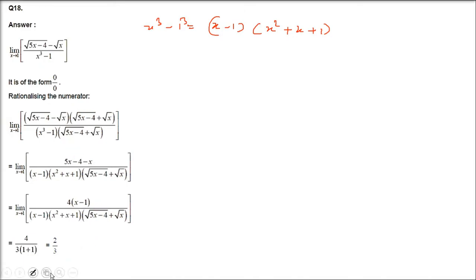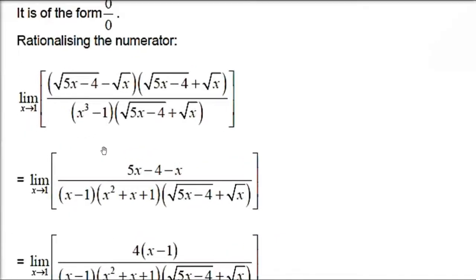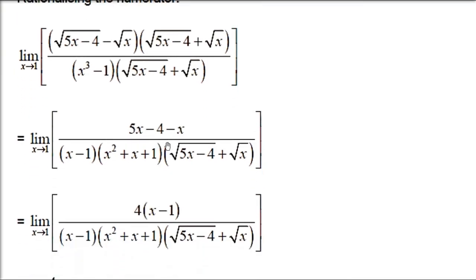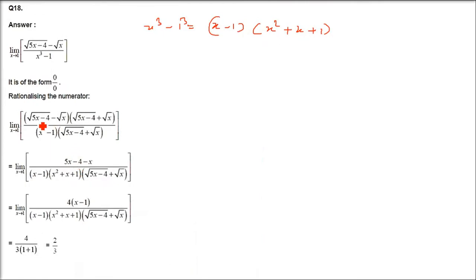The rationalization factor is of course with plus sign, and a square minus b square, so 5x minus 4 minus x. This 5x minus x is 4x minus 4, then you can take 4 common, x minus 1 will be there.